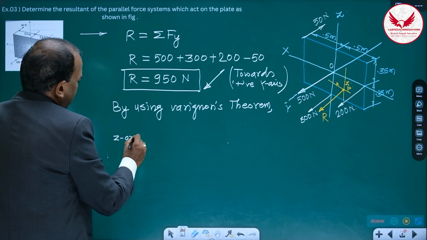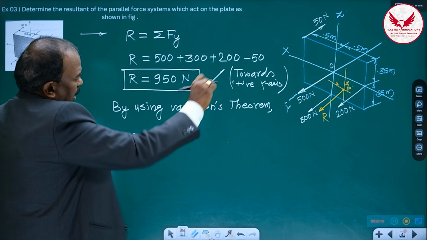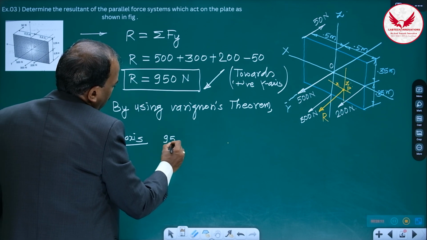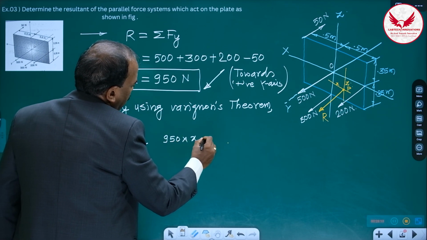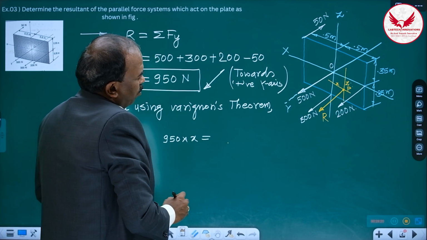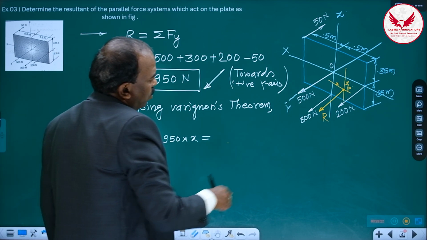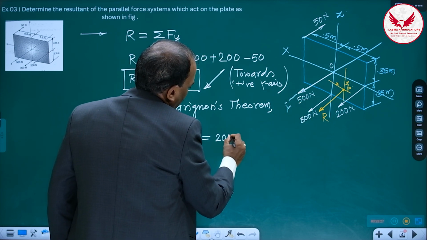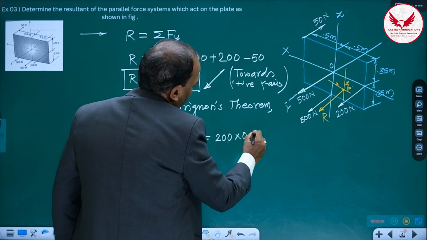Then about z axis first. About z axis, what is the moment of resultant? It is going to be clockwise. It is going to be 950 into x. It is equal to moment of 500 and 300 is 0. Moment of 200 into 0.5.